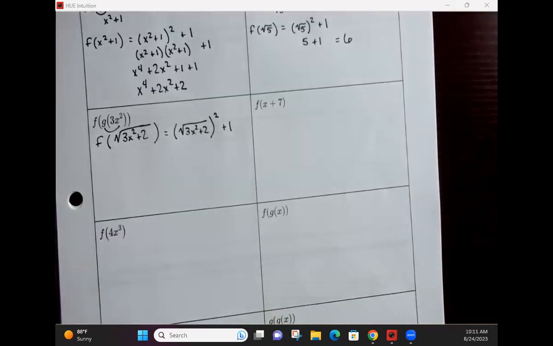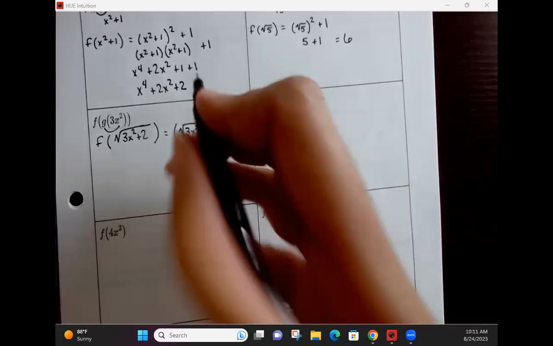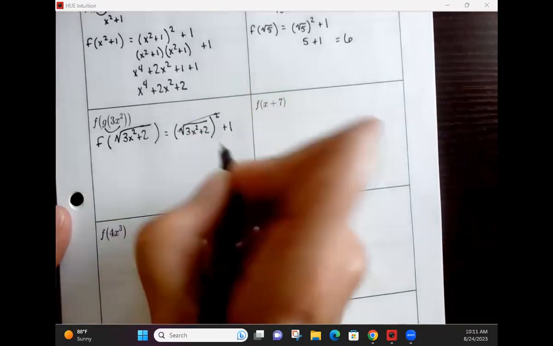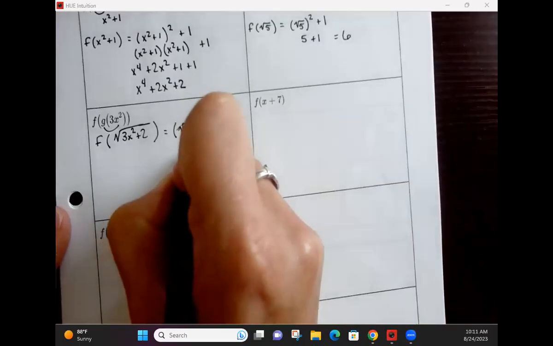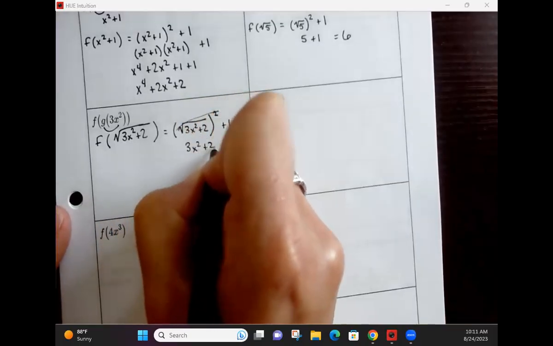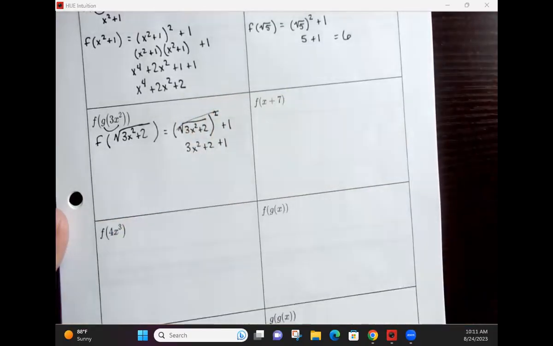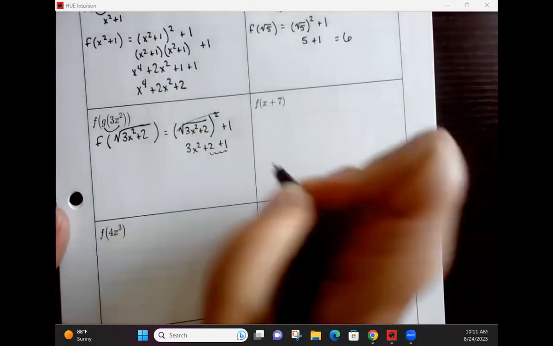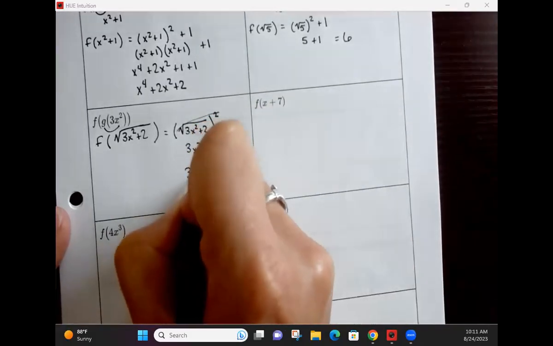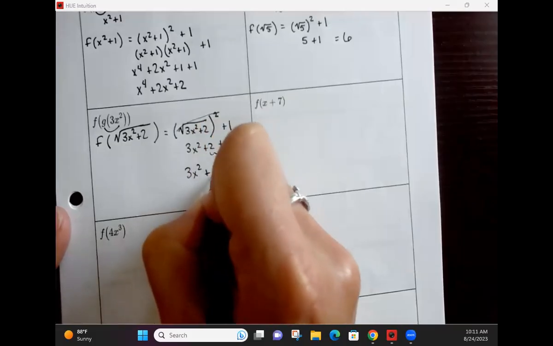I just plugged this in for x in f of x. The nice thing here, just like our last problem, I'm squaring a square root. So I'm left just with what's under the root. So this is 3x squared plus 2 plus 1. And then combine your like terms to tidy this up. 3x squared plus 3.